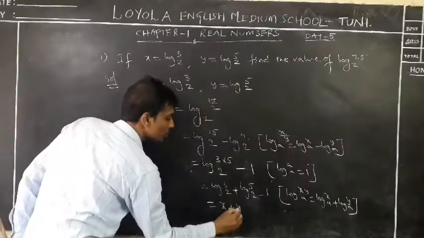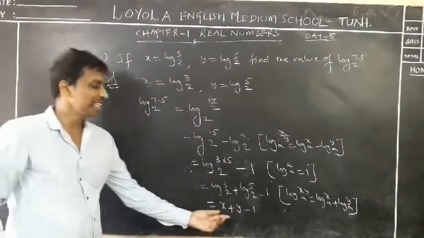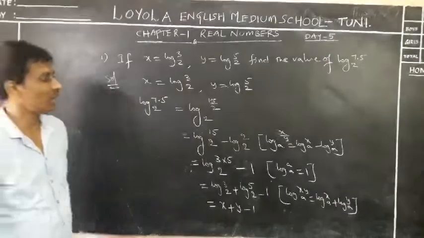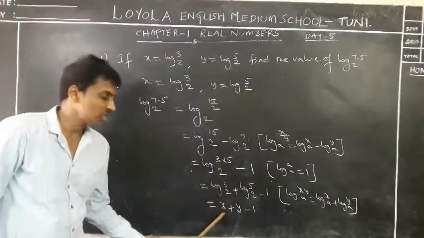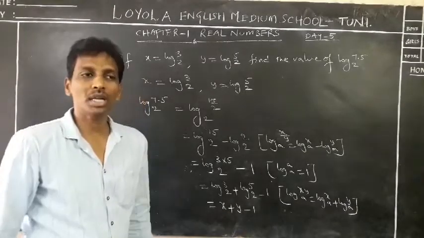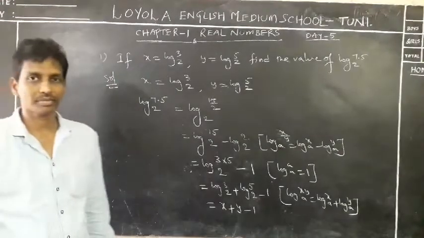That value is y, minus 1. So simply we get an equation. The value of log 7.5 to the base 2 is x plus y minus 1. Did you all understand? Right? Note down the solution.